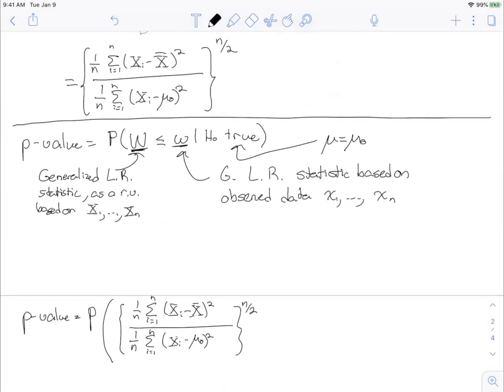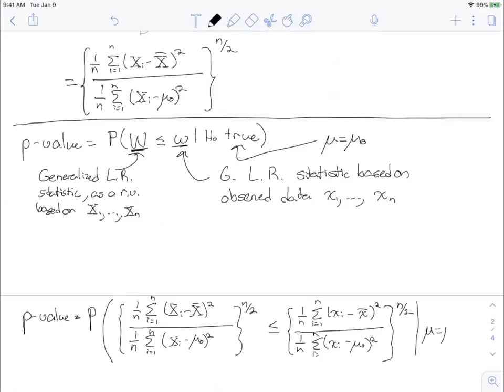So that's capital W. And then I want the probability that that's less than or equal to lowercase w, which is the same thing with lowercase x's in it. So 1 over n sum i equals 1 to n, lowercase xi minus my observed sample mean lowercase x bar, over lowercase xi minus mu 0 squared, to the power of n over 2. All of this probability calculated under the condition that mu is equal to mu 0.